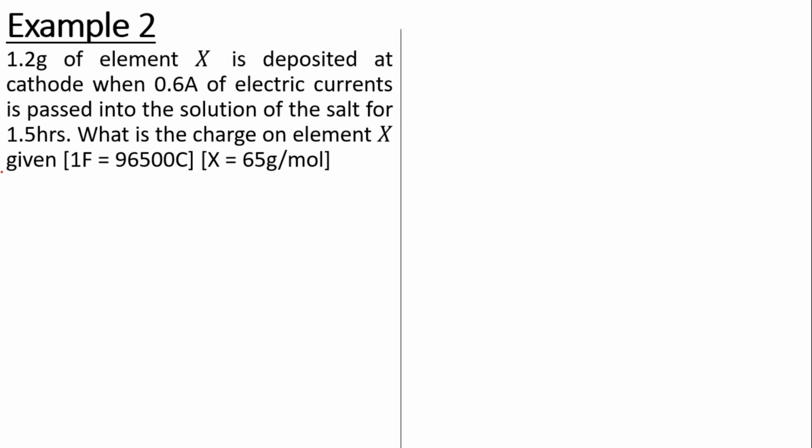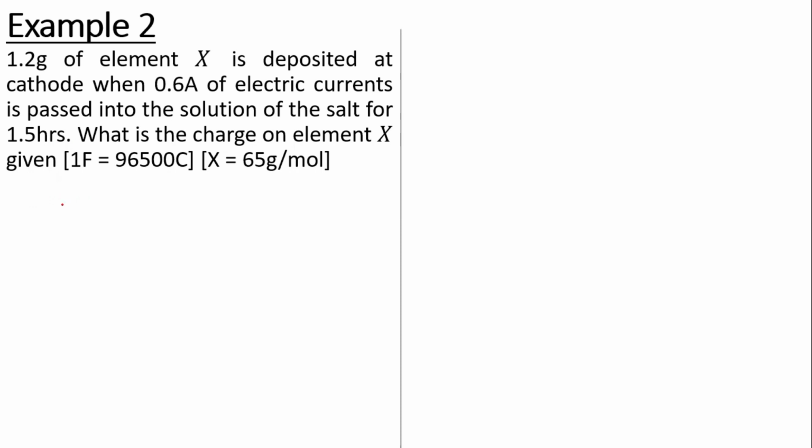Question number 2. 1.2 gram of element X is deposited at the cathode when 0.6 amperes of electric current is passed into the solution of the salt for 1.5 hours. What is the charge on element X, given that 1 Faraday is this and the atomic mass of the element is this? All right, of course, we say let n be equal to the charge of the element.